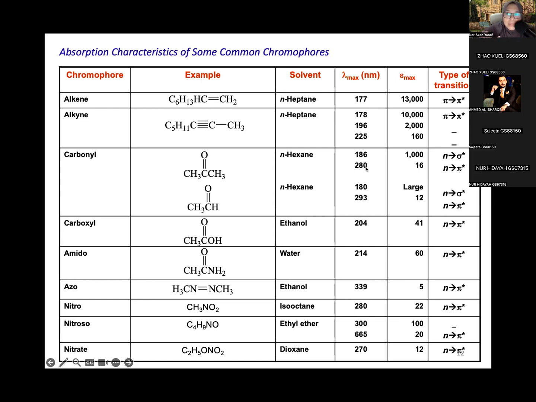Actually, from 300 and above, you can observe the color, but if it is ultraviolet, it is colorless. So that's why identifying the compound of the analyte is very important, to make sure you know what region of lambda you are going to work with.